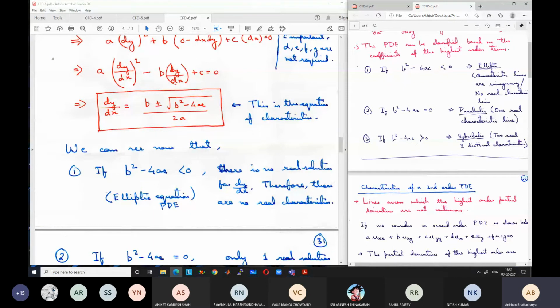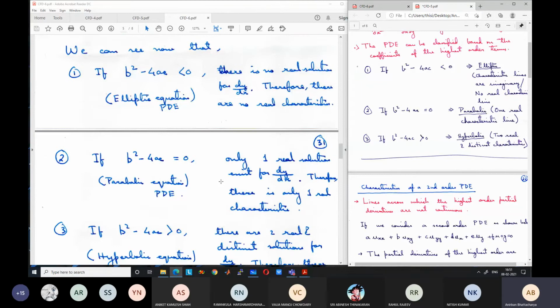One equation is dy/dx is equal to b plus root over b square minus 4ac by 2a. Another equation is dy/dx is equal to b minus root over b square minus 4ac by 2a. Because we have two separate equations, both of them are equations for lines. We consider them as two real and distinct characteristic lines. For a hyperbolic equation, there are two real and distinct characteristic lines.